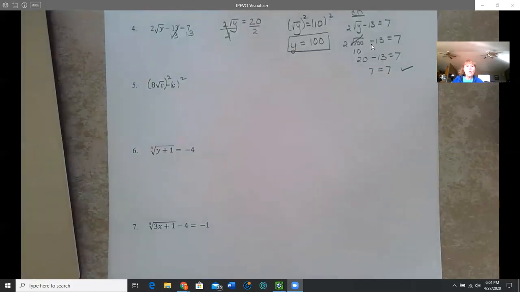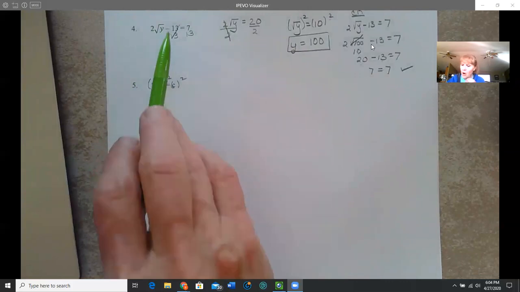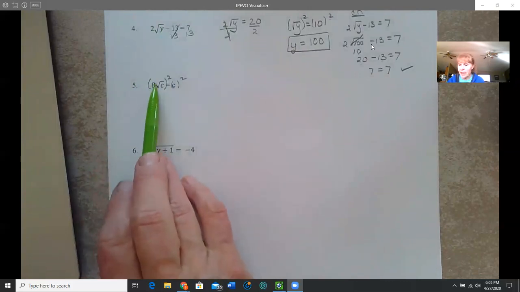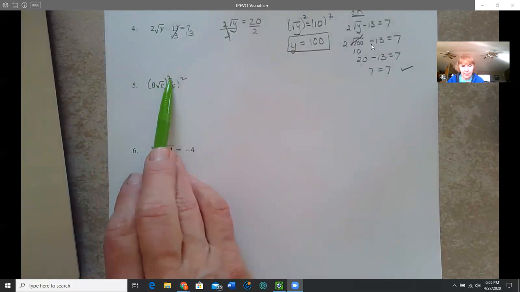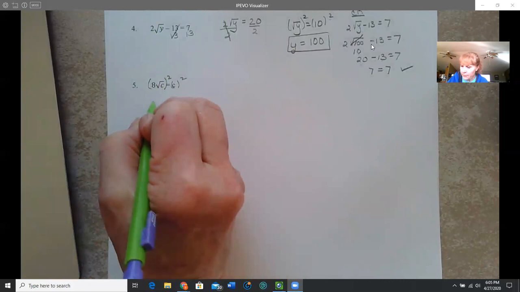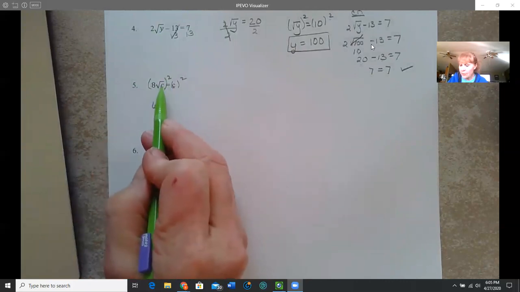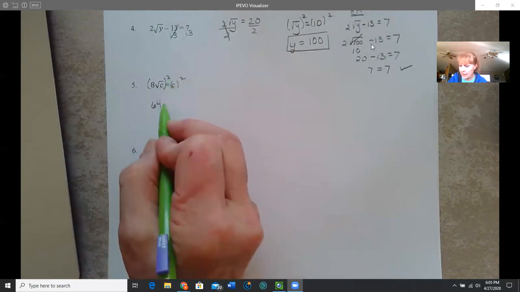So how do you square the left-hand side when you have a number times your radical? Since we didn't get rid of it like we did on this one. All you do is you square the 8 out front, which gives you 64. So the number is squared, and then the square root of c squared is c.